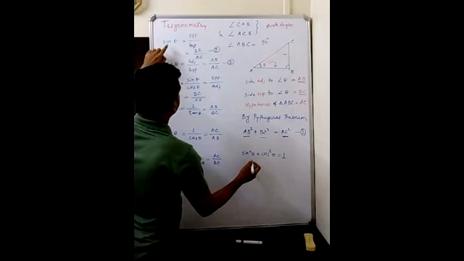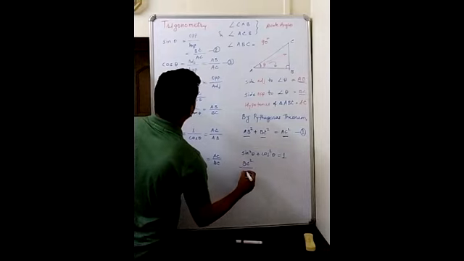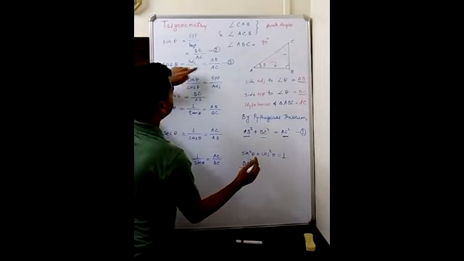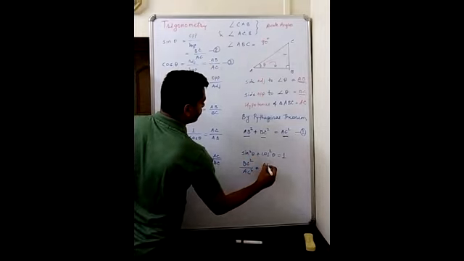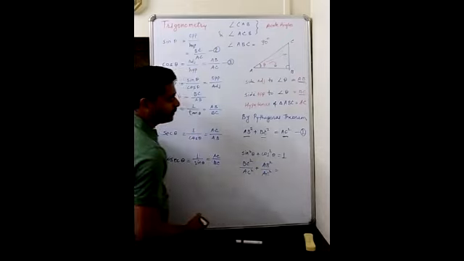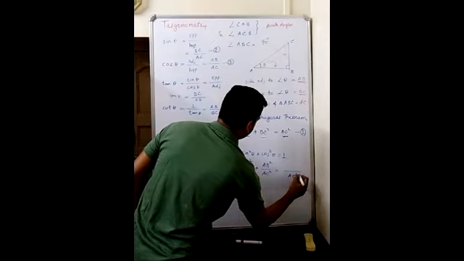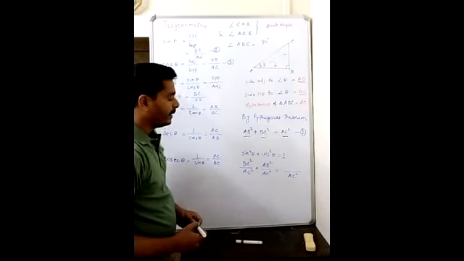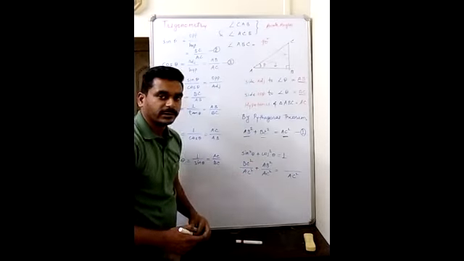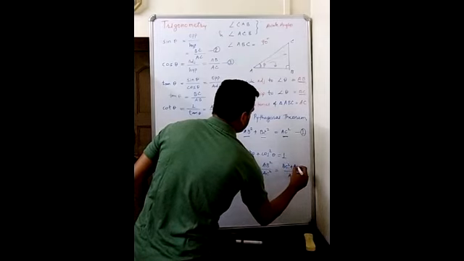Let's go further. So sine square of theta is BC square divided by AC square, plus cos square of theta is AB square divided by AC square again. The denominators on the left hand side of the equation are the same, that is AC square. So we can take it common and add the above terms as the bases are the same. So it is BC square plus AB square.